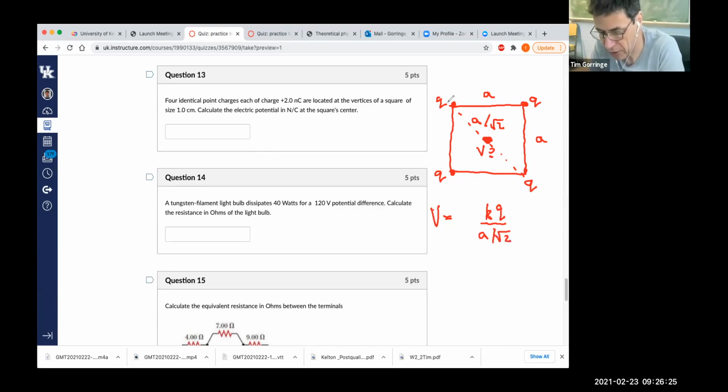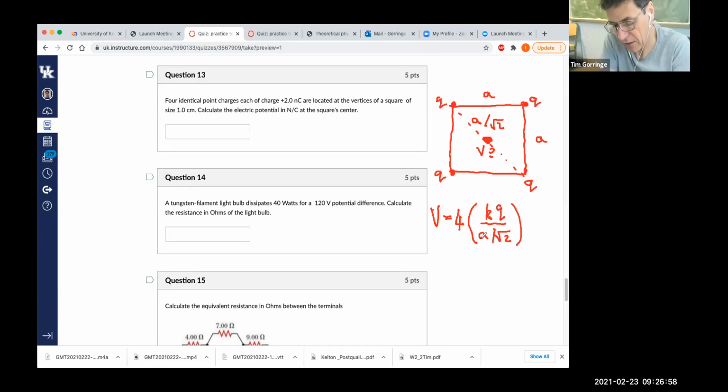So that's the potential of the top left charge. But all the other charges have the same values at the same distances, so they all contribute that. So the total potential is 4 times kq divided by a over the square root of 2. And so we can just plug in now k, q, and a. We know all these numbers. The charges are 2 nanocoulombs.